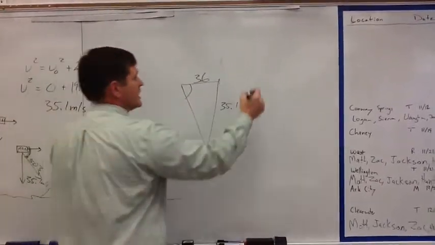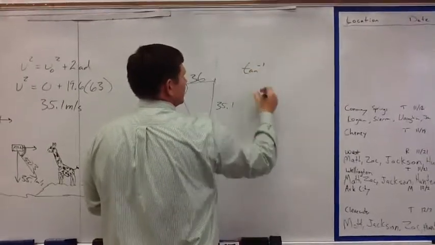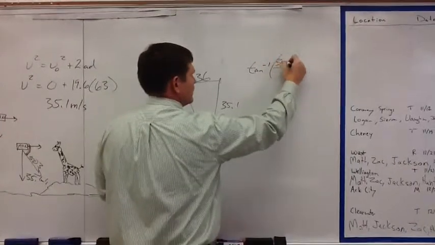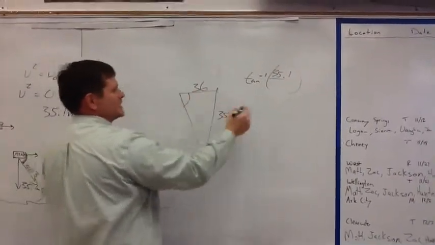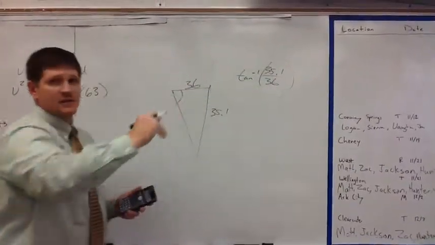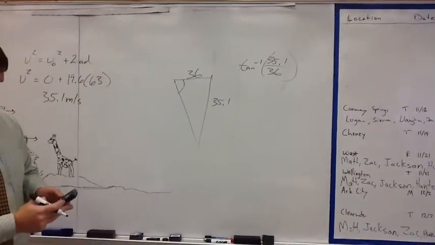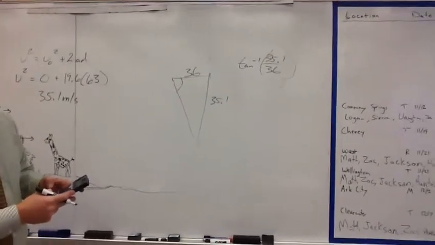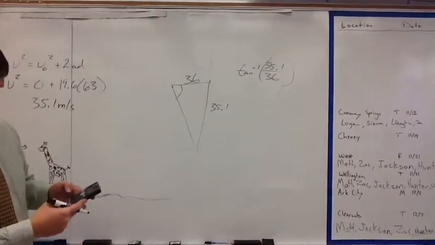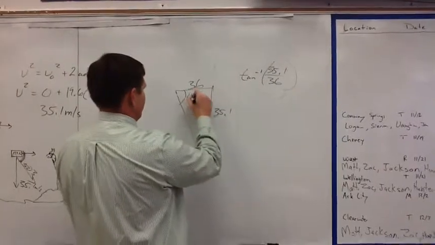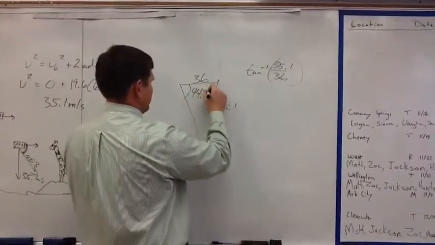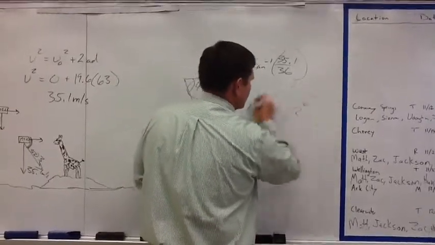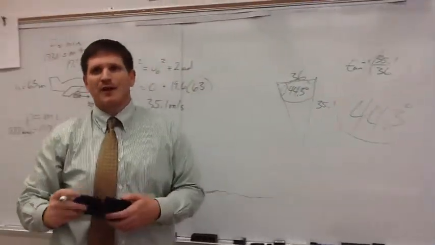Alright, if we do the inverse tan of opposite over adjacent, that will give us our angle. Write it big. Coming in at 44.3 degrees.